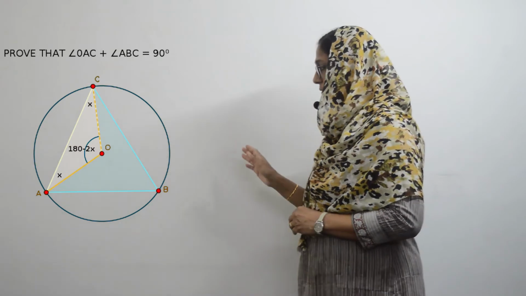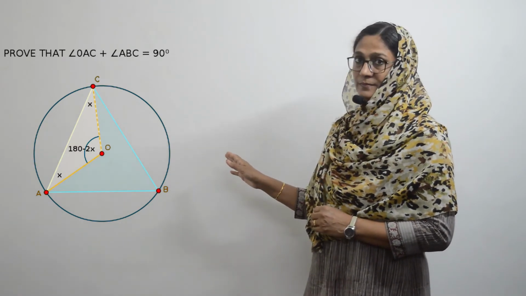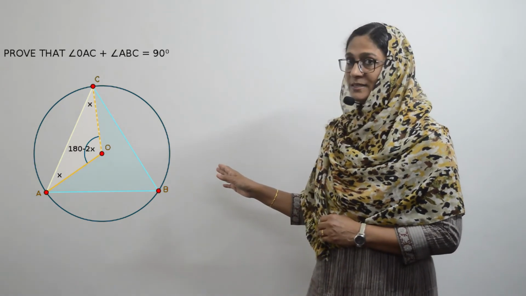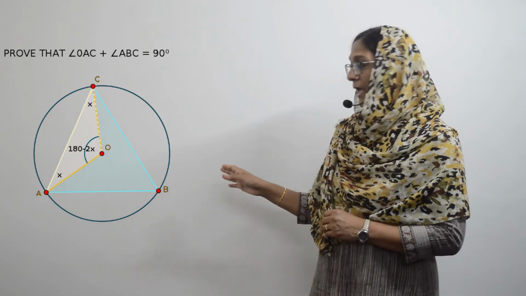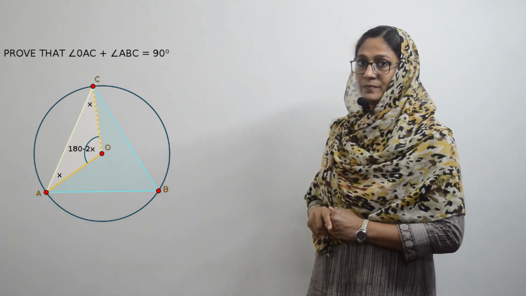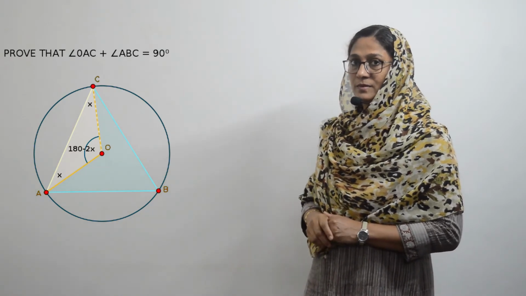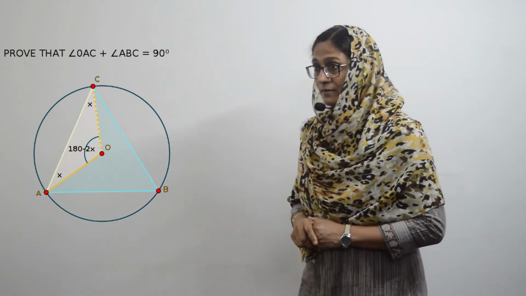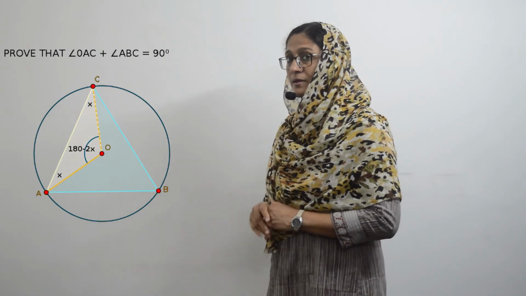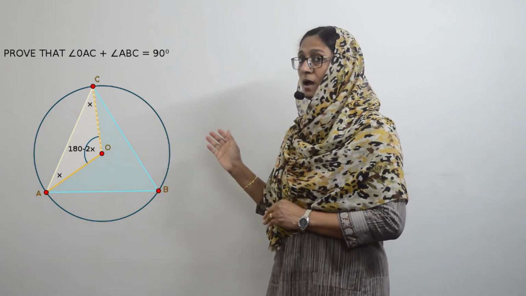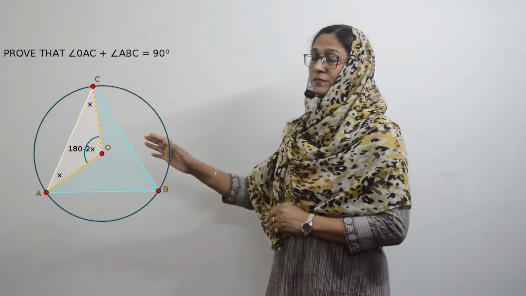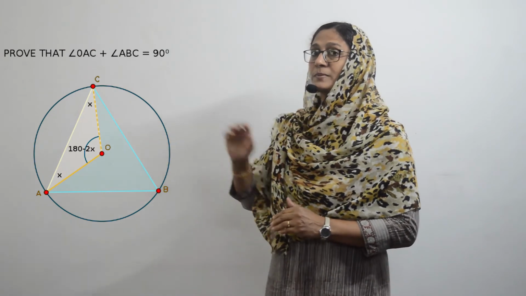Let us now come to the angle B, also known as angle ABC. Angle ABC is an angle in an arc. According to what we have learnt, the measure of angle ABC will be half the measure of the central angle of the opposite arc.